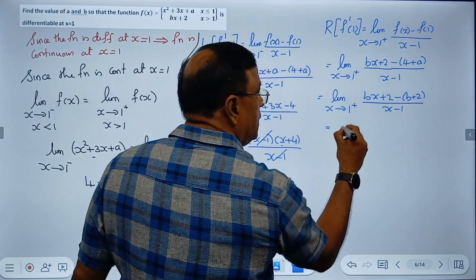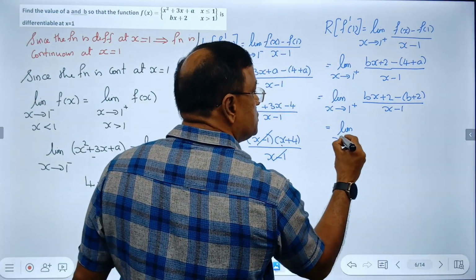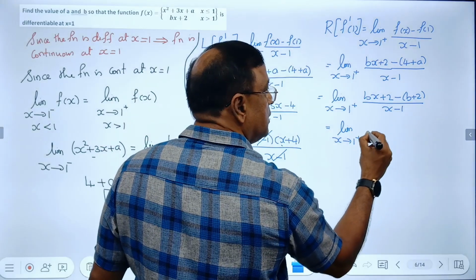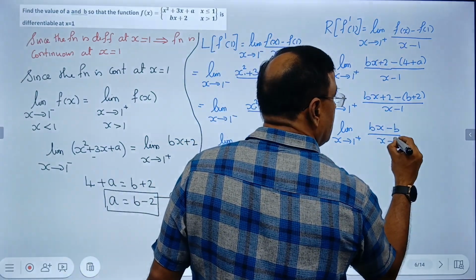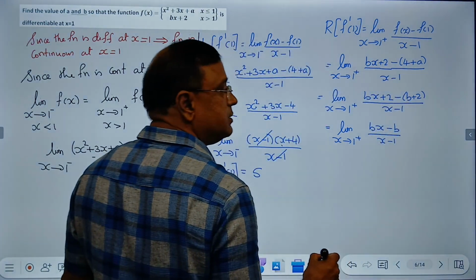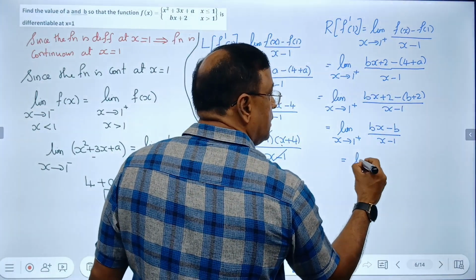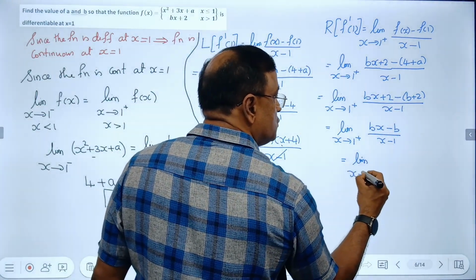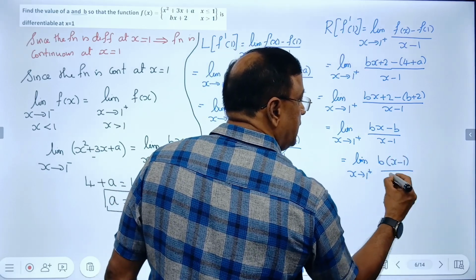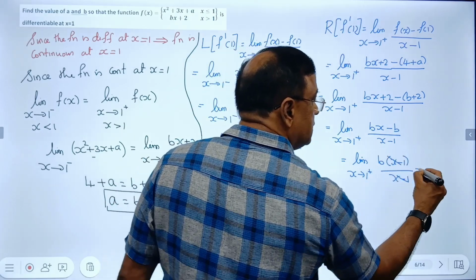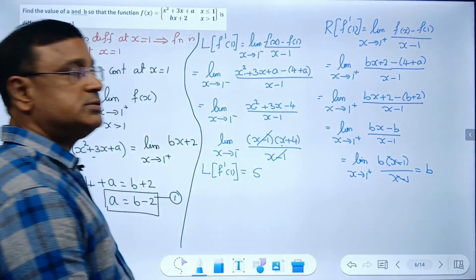So this will be limit x approaches 1 plus, bx minus b by x minus 1, because 2 and 2 get cancelled. So this is nothing but limit x approaches 1 plus, b into x minus 1 by x minus 1. They get cancelled. So my right hand derivative is b.